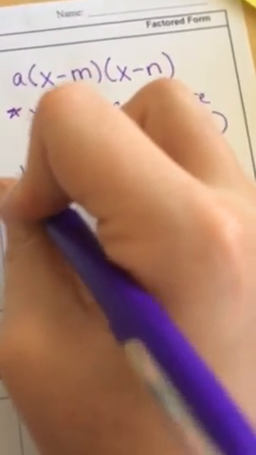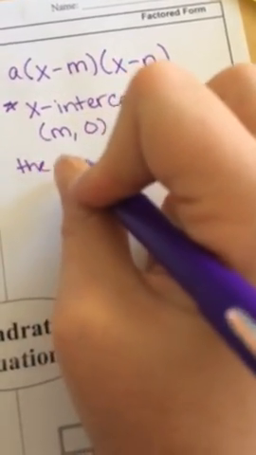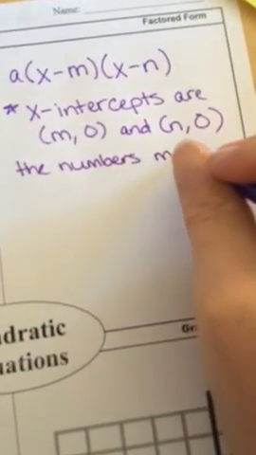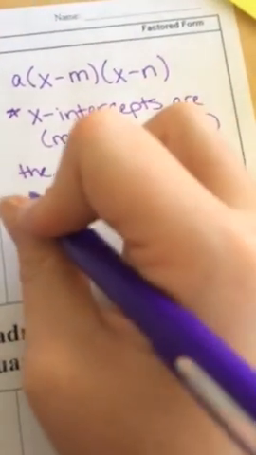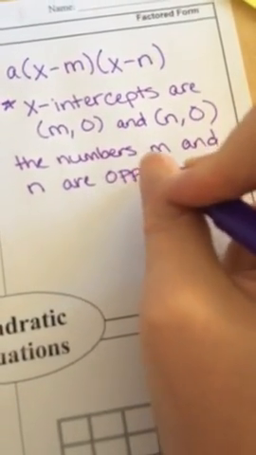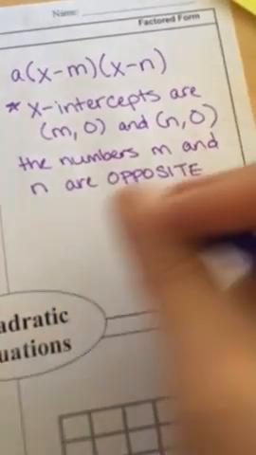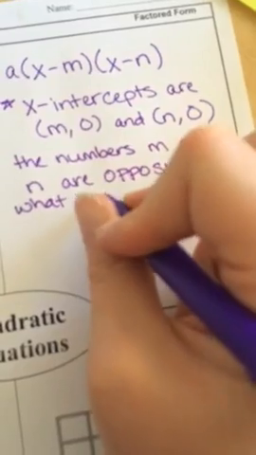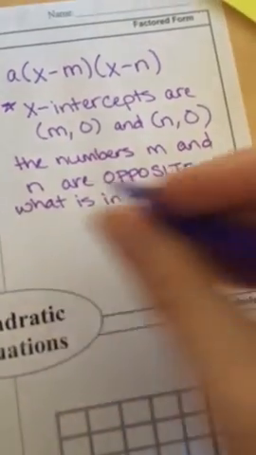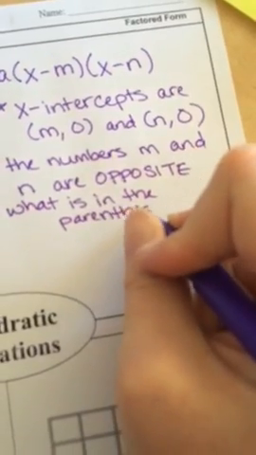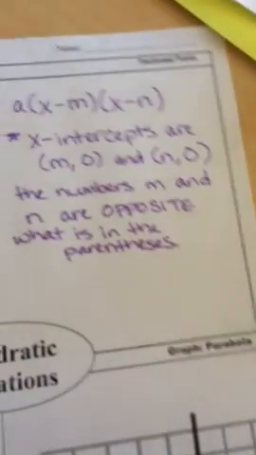And just remember that the numbers m and n are opposite what is in the parentheses. So let me finish that. Okay.